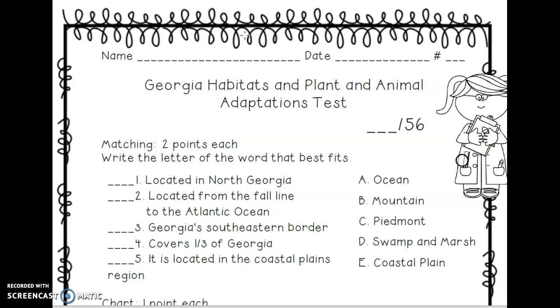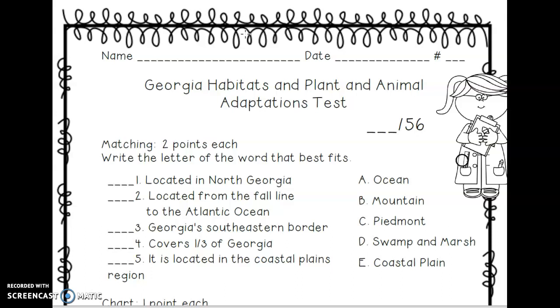Number 4, which habitat covers a third of Georgia and is the most densely populated habitat? Is it A, ocean, D, swamp and marsh, or C, Piedmont? Take a moment to think about it. If you said C, Piedmont, you're correct.